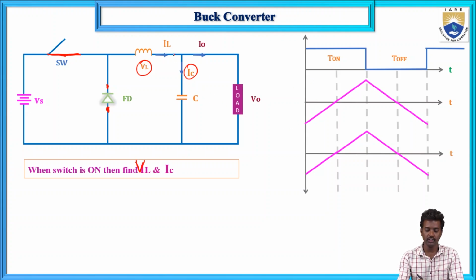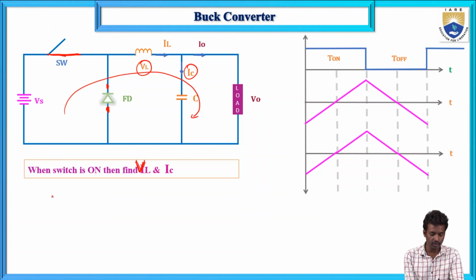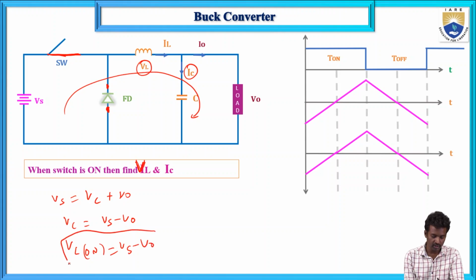When you switch it off, it acts as a current source and discharges through the freewheeling diode. How do we calculate VL? If you apply KVL in this loop, Vs equals VL plus V0. So VL equals Vs minus V0. Now VL on equals Vs minus V0.